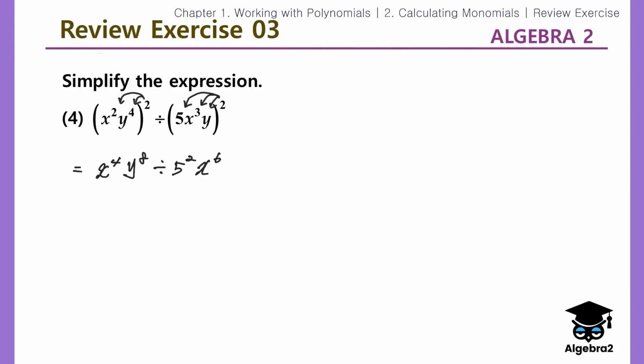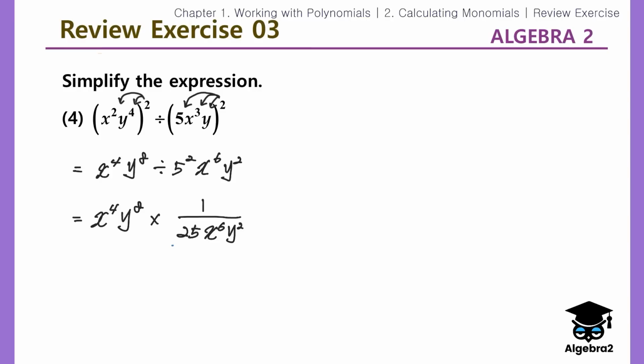And y squared. Right? So, now next step, we're going to change the division to multiplication, and this becomes 1 over 5 squared. 5 squared is 25, right? And x to the 6, y squared.